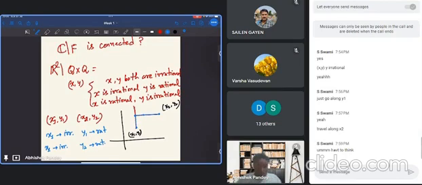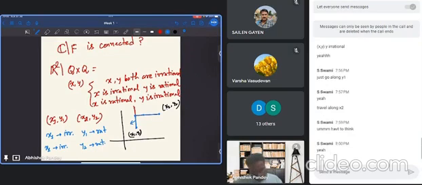Suppose you travel like this, with x1 irrational and y1 rational. If you travel along this vertical line, all these points belong to R2 minus Q cross Q, isn't it? Because x1 stays the same and only y is changing. Now from here, at this point you have some y coordinate, and we don't know whether it is rational or irrational.